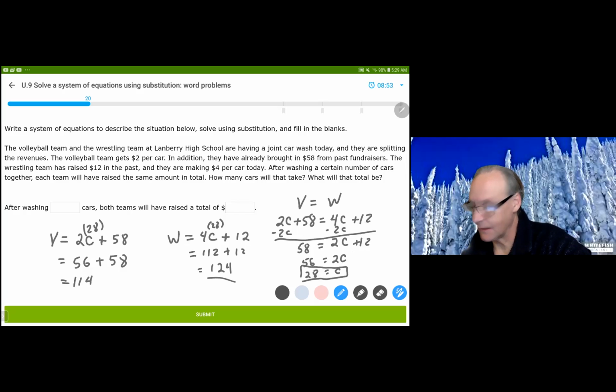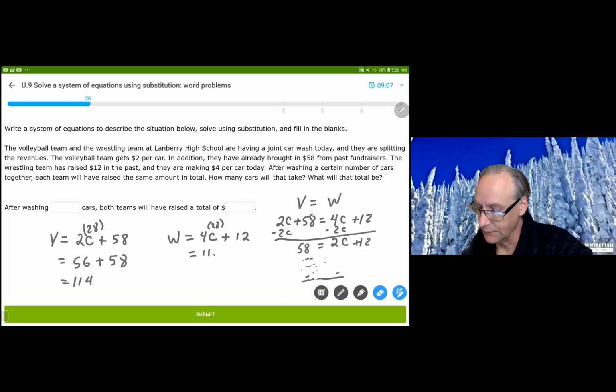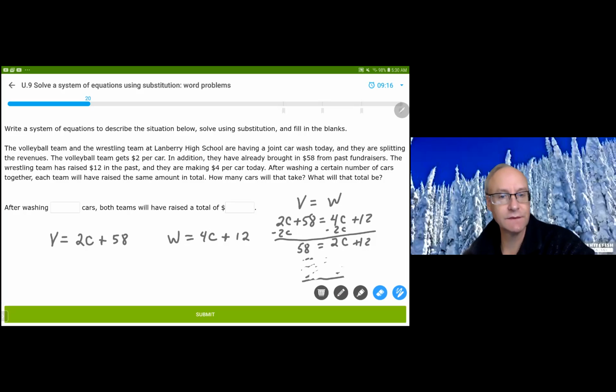I don't know why I lost my 12. Do you see why you want to check your answer? Because if you make one little error, I missed that 1 right there, and it is really easy to make a mistake. And it looked really good, didn't it? So a good idea is to always check your answers as you go.